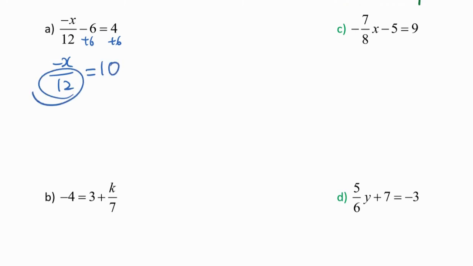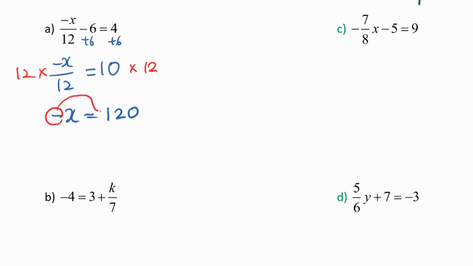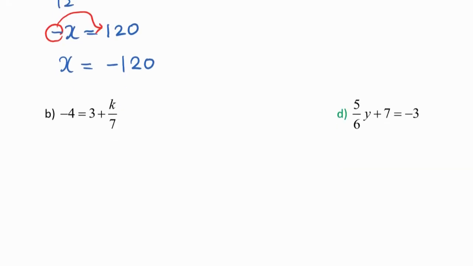Since this is division, you have to multiply. Multiply 12. Then I have negative x equals 120. Okay, again, when you have negative x, to find x, you can simply move this negative sign to the other side. Then x will be negative 120, right? B.